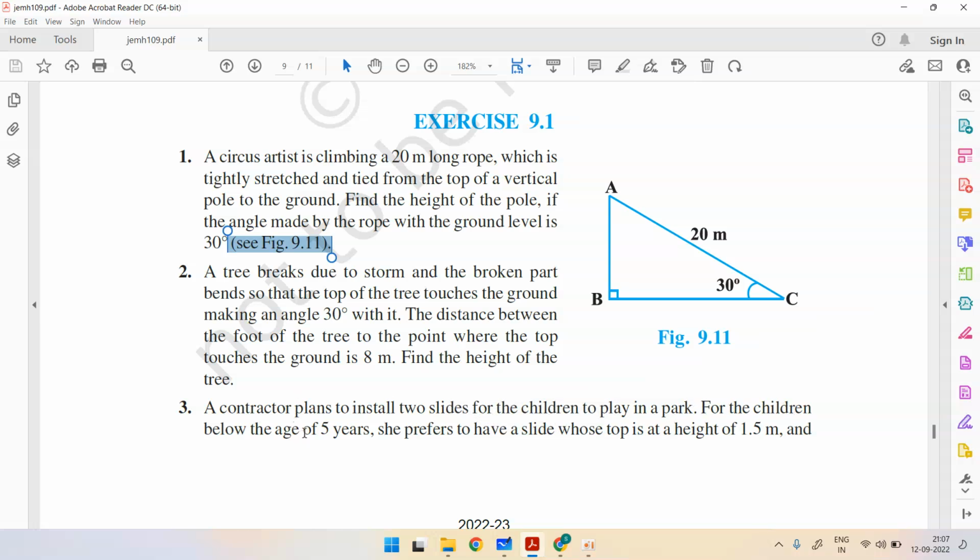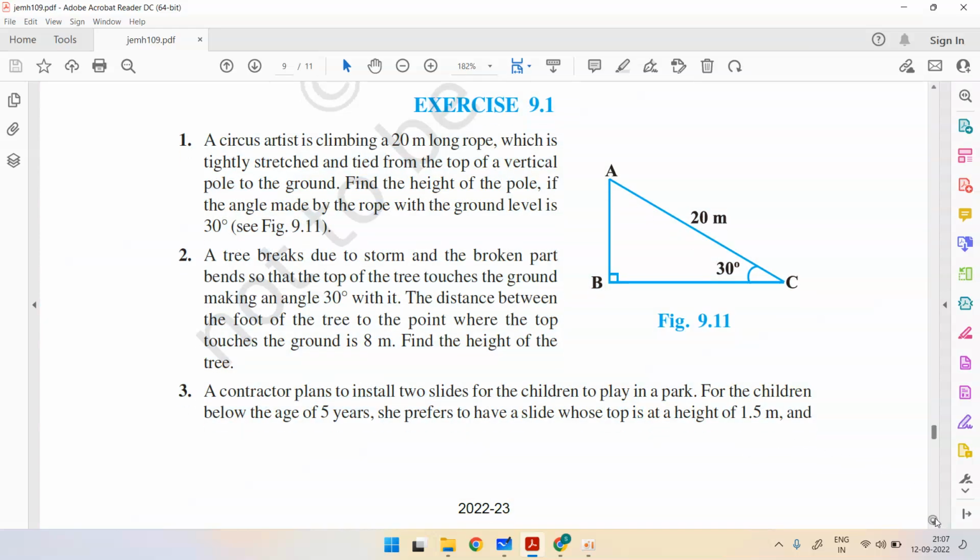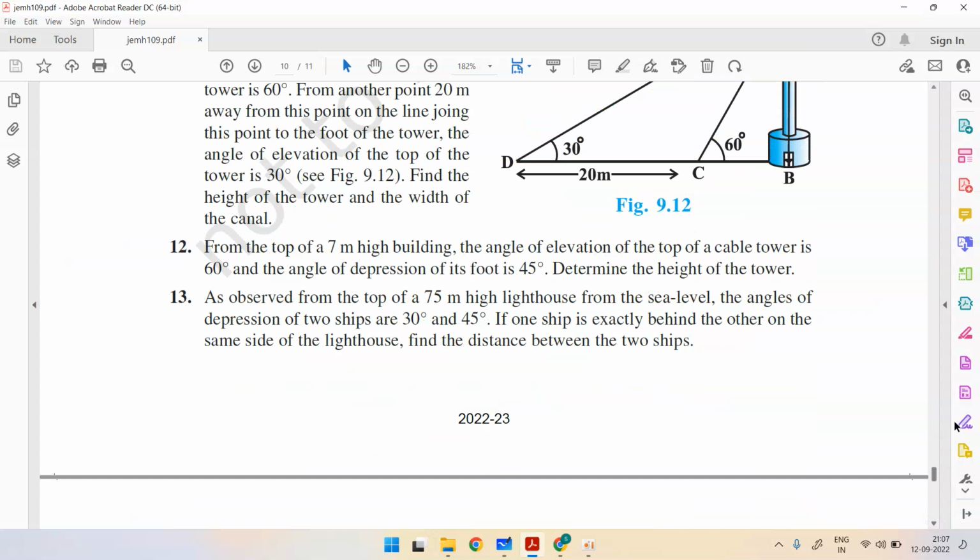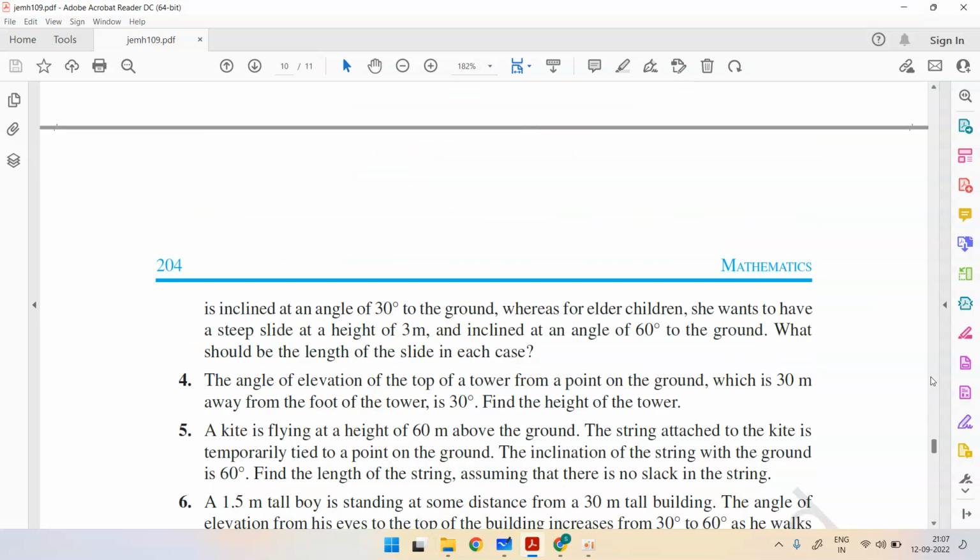For children below the age of 5, she prefers to have a slide whose top is at a height of 1.5 meters and inclined at 30 degrees to the ground. Whereas for the elder, she wants a steep slide at a height of 3 meters and inclined at 60 degrees to the ground. What should be the length of the slide in each case?